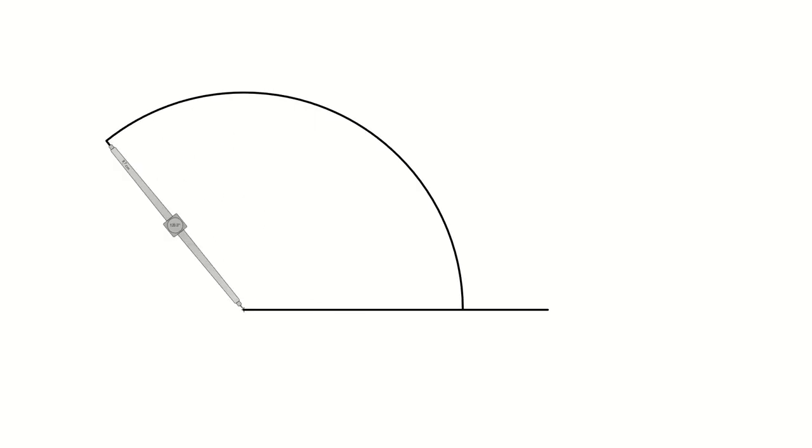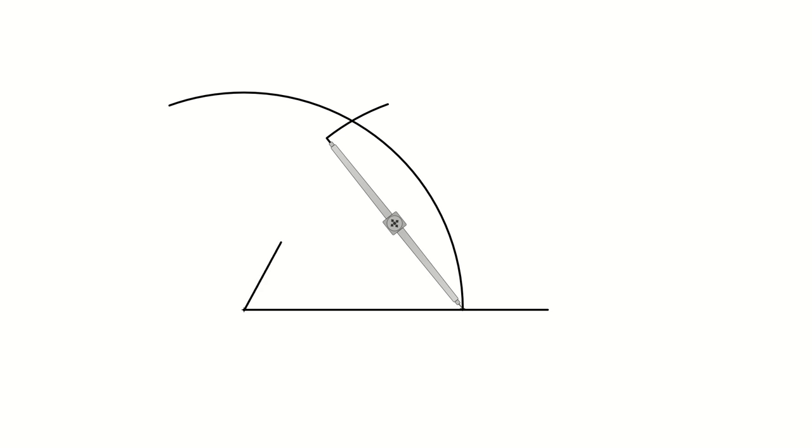So the first thing you're going to do is draw an arc. Then where it intersected that line that you drew, you draw a next arc. Now you connect your starting point, which is this point here, and that point where it intersected, and that is 60 degrees. It's always 60 degrees.